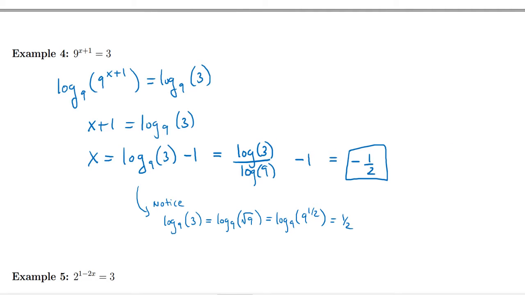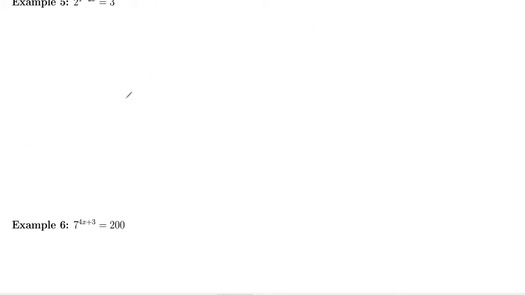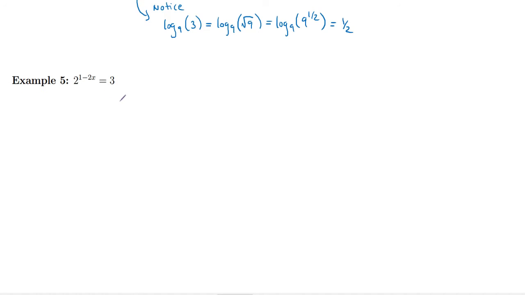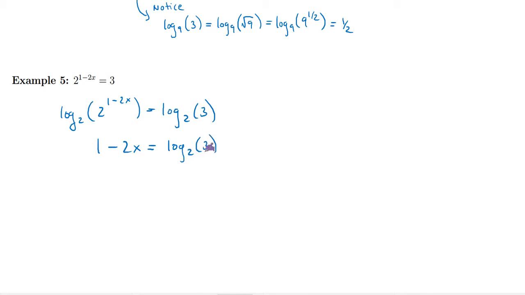Perfectly fine. All right, not our last example, but example 5 here. We have 2 to the 1 minus 2x equals 3, so we'll do log base 2 of both sides: log base 2 of 2 to the 1 minus 2x is equal to log base 2 of 3. These will cancel, and we'll have 1 minus 2x, just the exponent there, is log base 2 of 3.